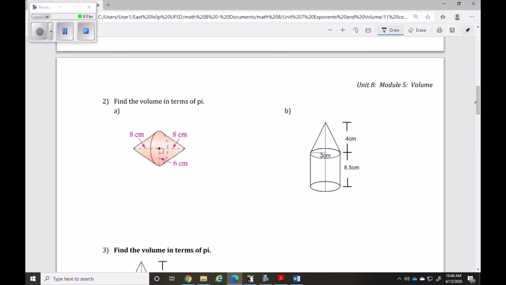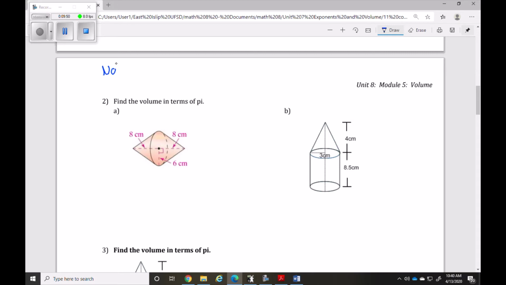Next page, you can see on number 2 that these are shapes that are stuck together. So on 2A, it's 2 cones stuck together. On 2B, it's a cone and a cylinder stuck together.